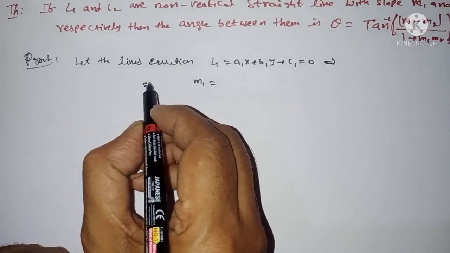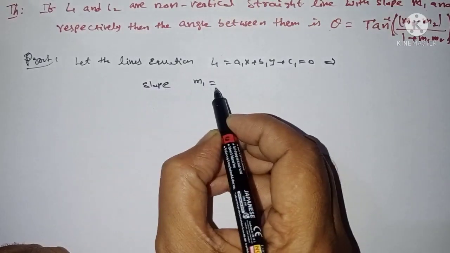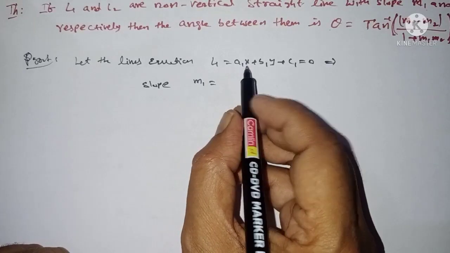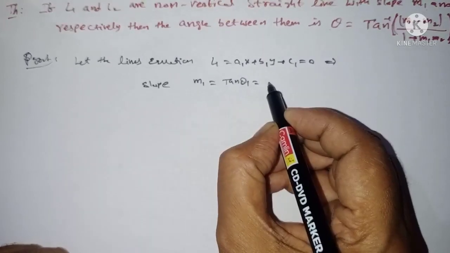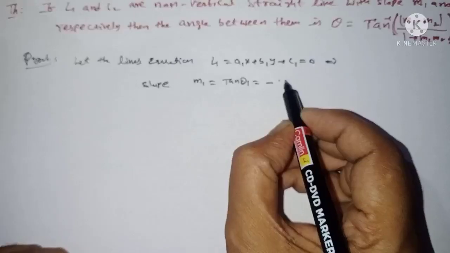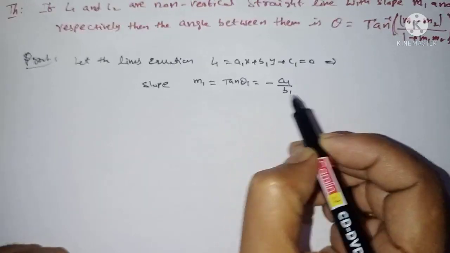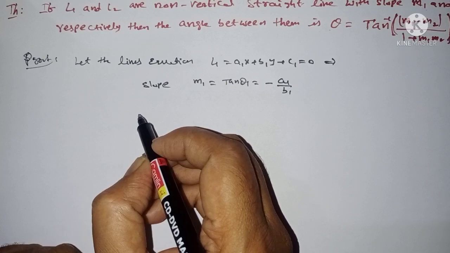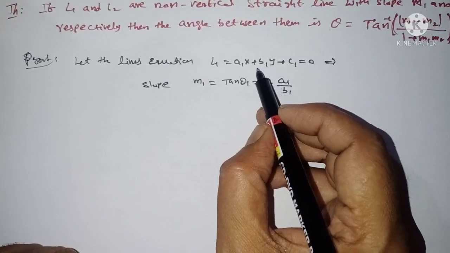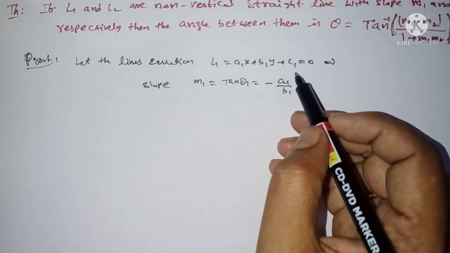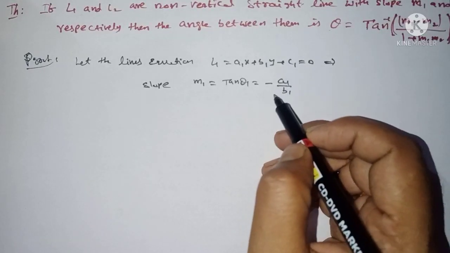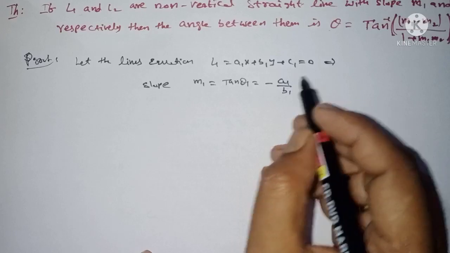The slope of L1 is m1, which is tan theta 1, equal to minus a1 by b1. You can write the slope and the y-intercept; this is a formula. Therefore, you get m1.